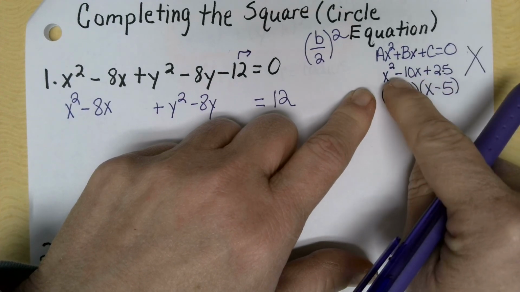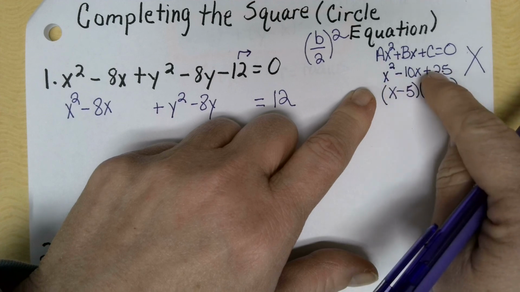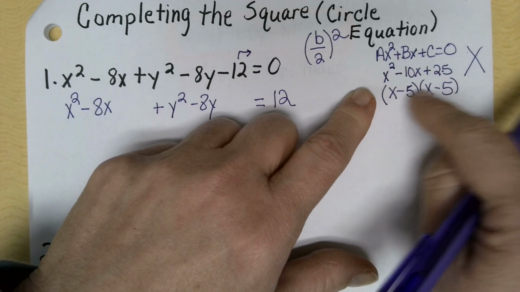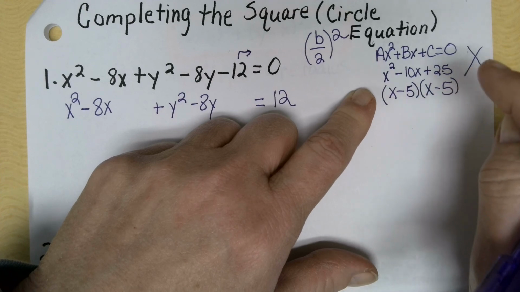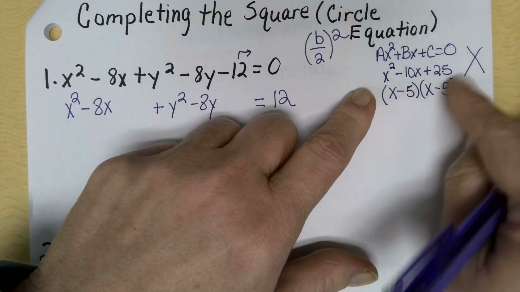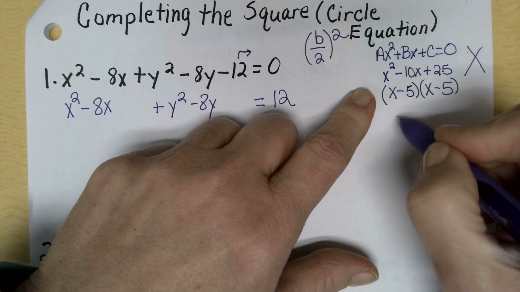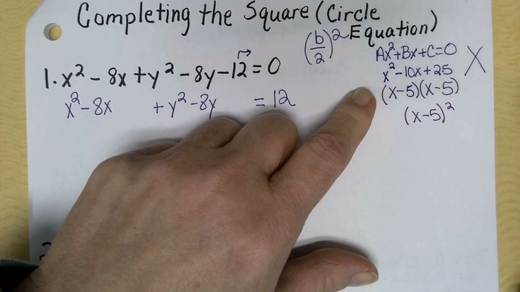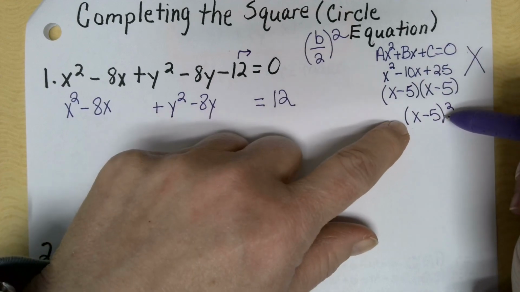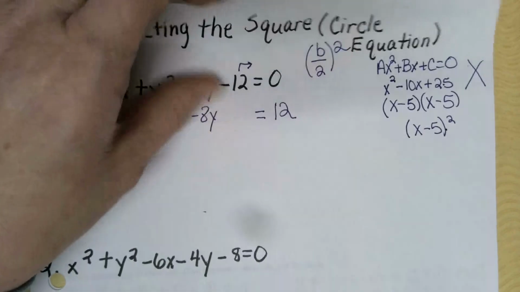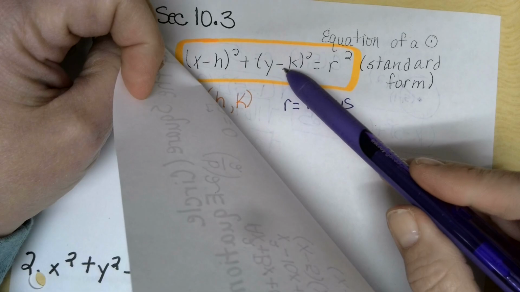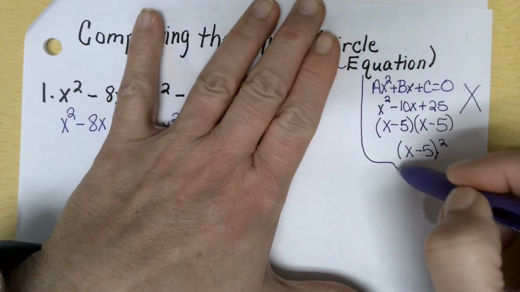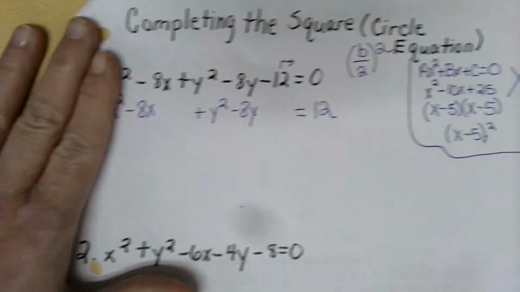If this is a positive, both of them are negative. If this is a negative, it has to be a positive. So whatever the sign is here is going to go in these two spots. A perfect square trinomial creates a binomial squared, which means I have two of these. And that's what we have to have in our formula. This was just an example of what a perfect square trinomial looks like.